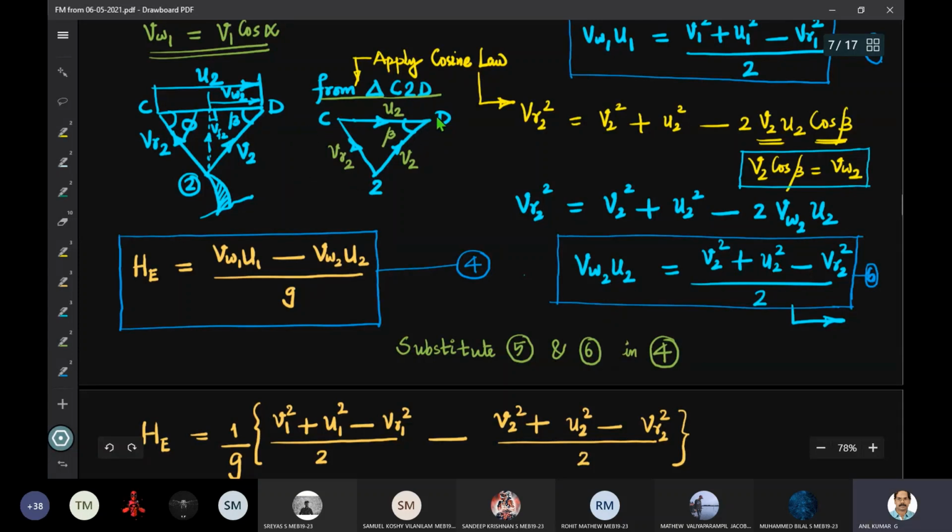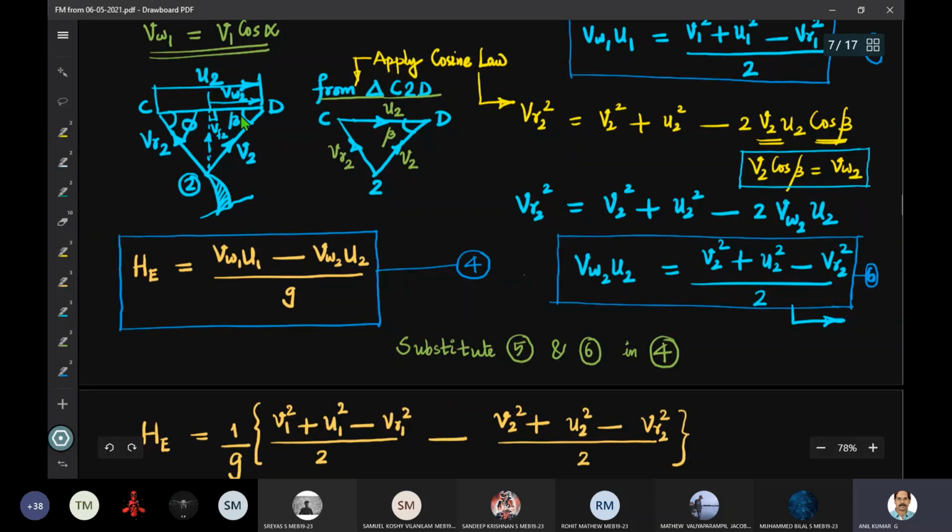Applying the cosine law for the unknown side VR2, we get VR2 square is V2 square plus U2 square minus 2 times V2 U2 cos beta, where beta is the guide blade angle, the included angle between V2 and U2.